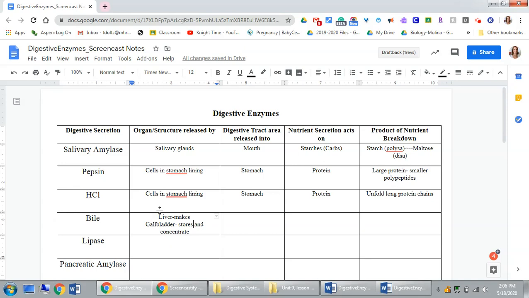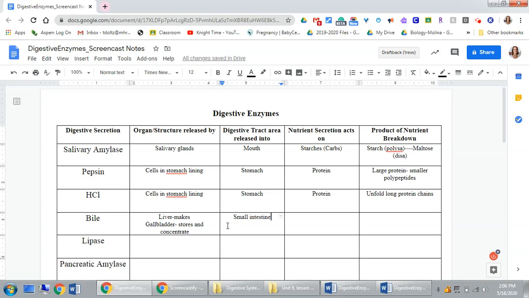Now, if you remember from our other videos and lectures, the liver and the gallbladder are considered what's called accessory organs. Food does not go into the liver or the gallbladder. So when we make bile, it's not used in the liver or the gallbladder. It's actually going to be used in the small intestine, especially in that first 10 inches, the duodenum.